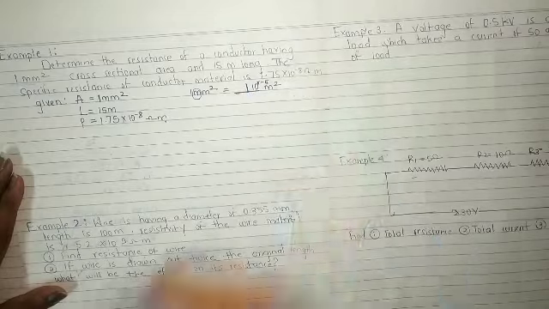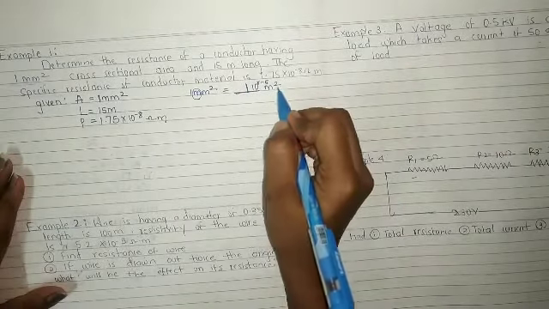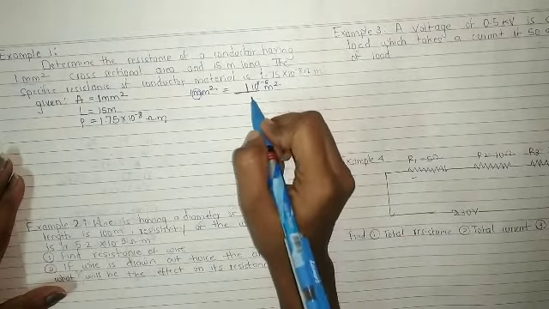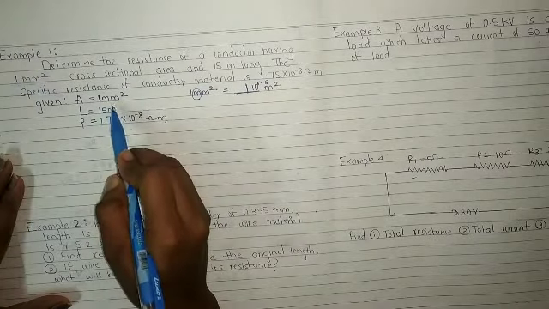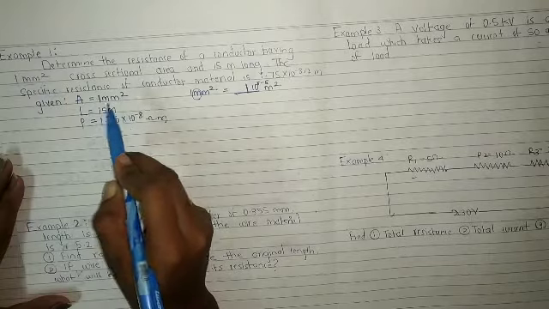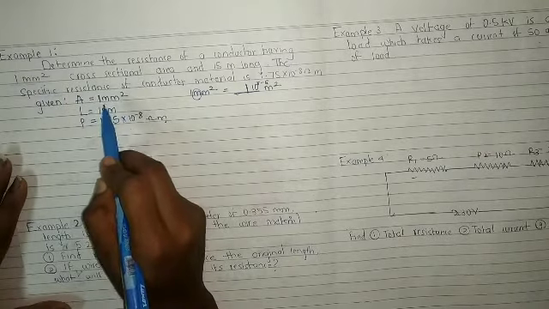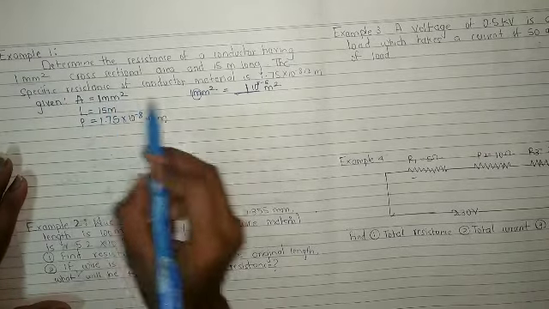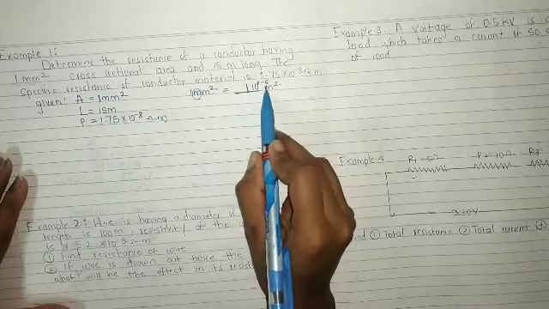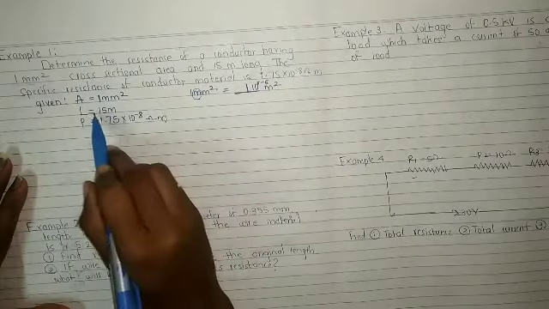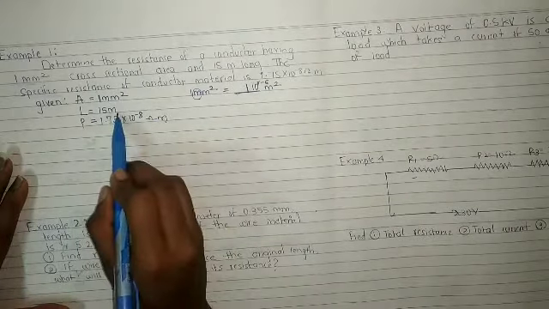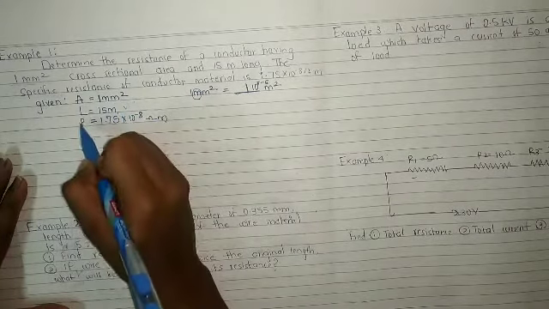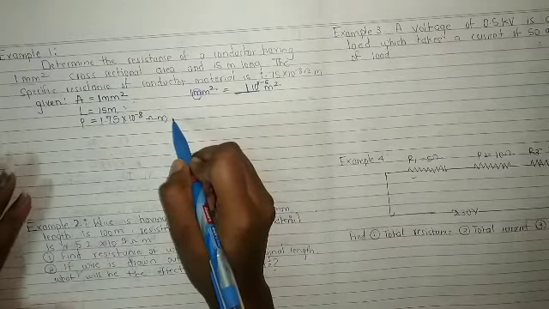So 1 into 10 raised to minus 6 meter square. Have you understood this? If the area is in square millimeter, we convert it into square meter by multiplying by 10 raised to minus 6. Length is in meter, that is correct, and this is the value of rho.